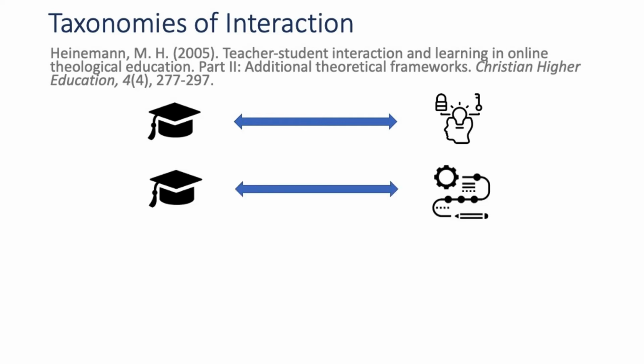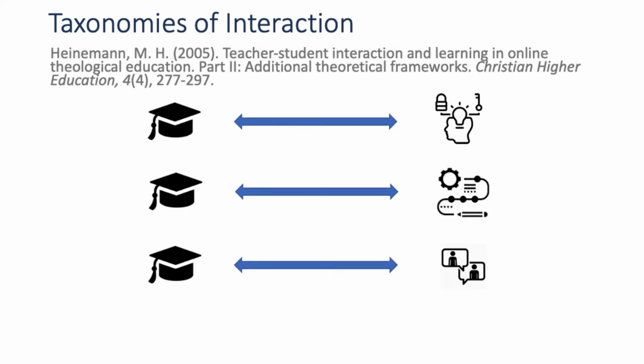The second was organizational or procedural, which were the interactions that were focused upon the logistics or processes that come with being a student in an online course. Finally, the third was social interactions, which were those interactions that were designed to support the student or encourage the student to try to create a connection with the student outside of the course content.